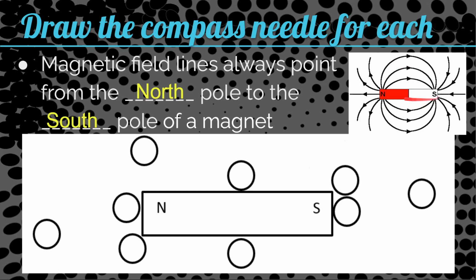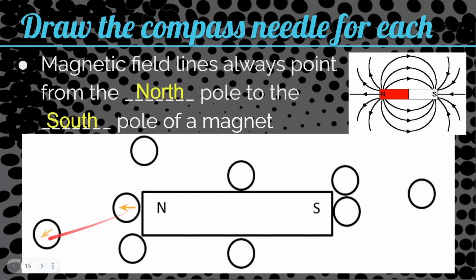And so the compass is going to read the direction of that field line. So you can imagine placing a compass at any of these points and look at the direction of the field at that point. So for example, over here at this left-hand end of my magnet, my compass would be pointing this way because my compass points in the direction of my field. And so I would draw my compass needle pointing pretty much due left.